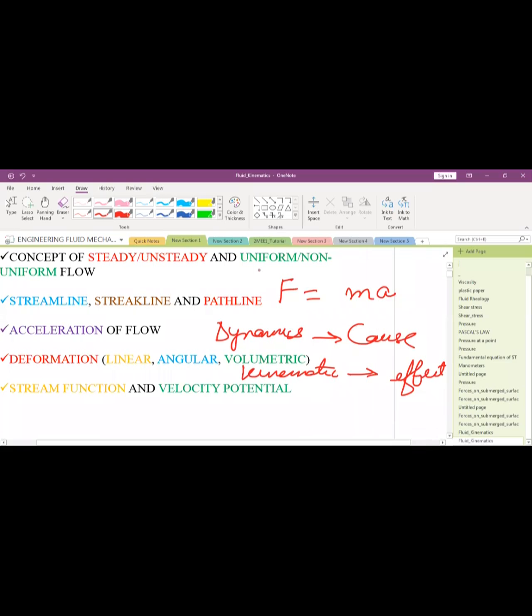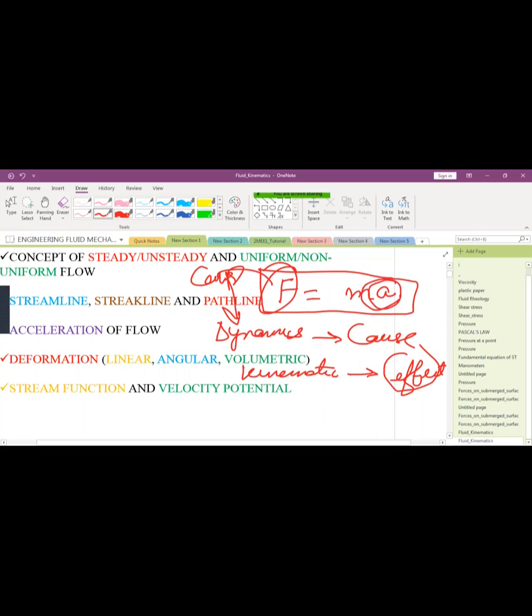So in this equation, what is the cause? Force is the cause. So this is the dynamics part. What is the effect? Acceleration. So this is the effect.